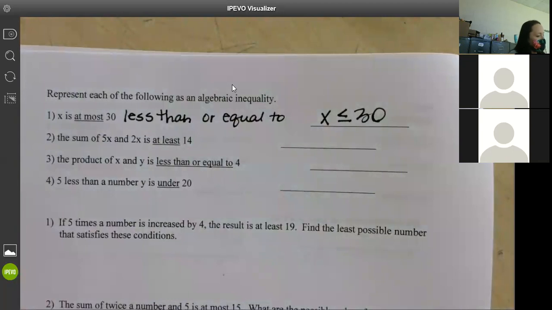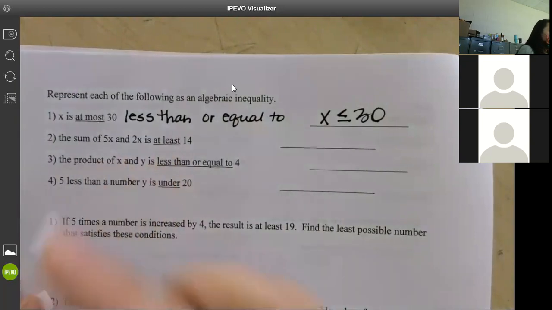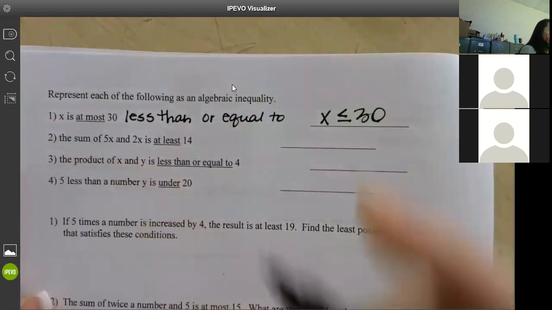So if at most is less than or equal to, what is at least? More than or greater than. You're absolutely correct. All right. So it says the sum of 5x and 2x.